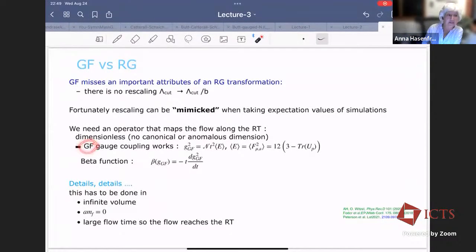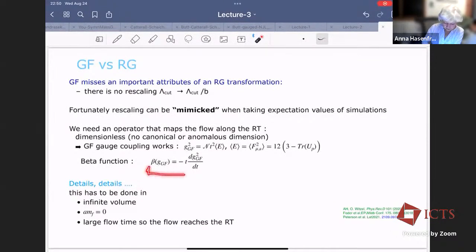And that's exactly what this gradient flow coupling is. It was useful for me to realize that once we have an operator that is expressed from the SU3 projected plaquette expectation value, that operator cannot have an anomalous dimension because it's simply always projected back to SU3. That is a reason why it is a well-defined gauge coupling, and we can use it to track the progress along the renormalized trajectory.